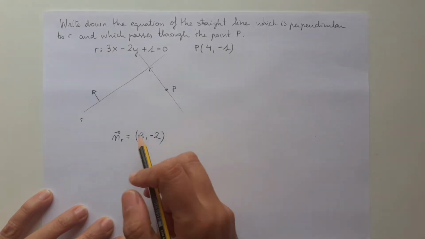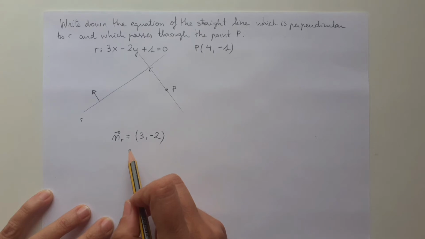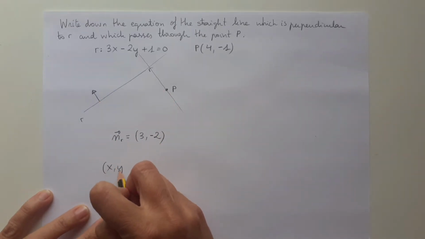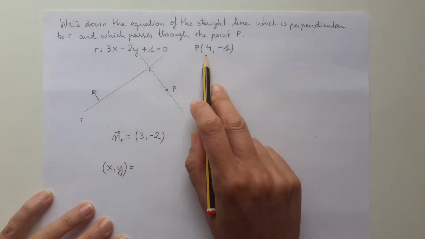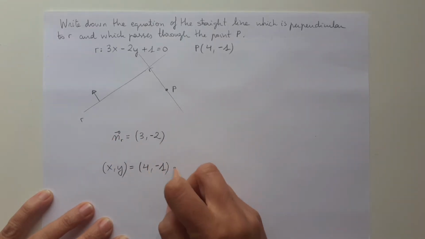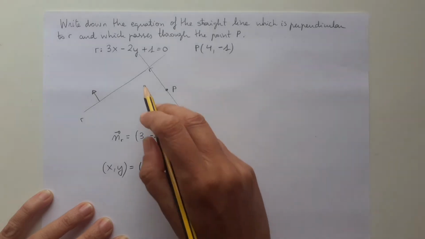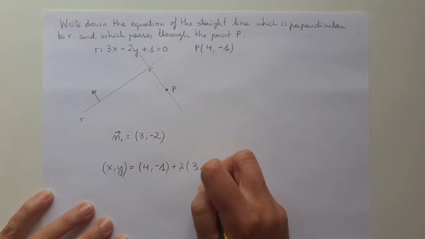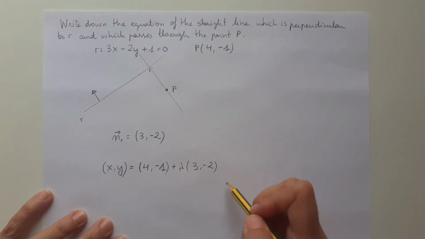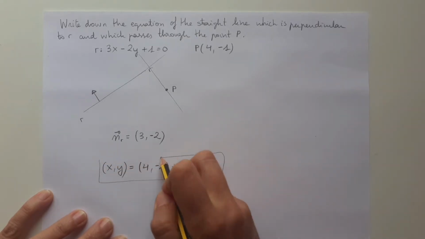So quite easy. The vector equation of the line we are looking for could be (4, -1), which is my point, plus lambda, and now the coordinates of the vector. That in my case would be this. And the exercise is over. This is the equation of the line.